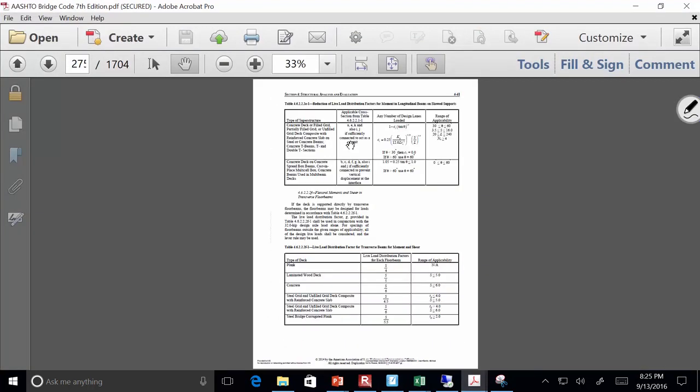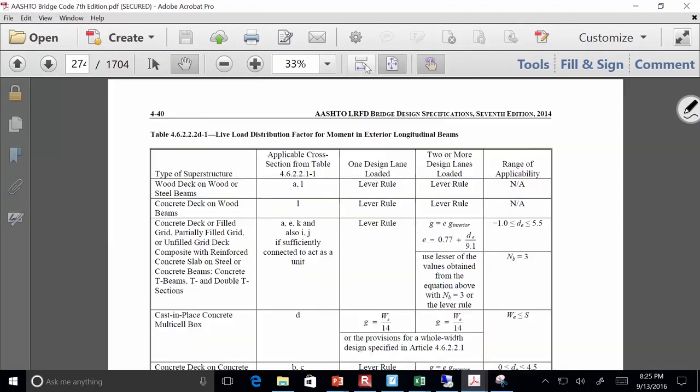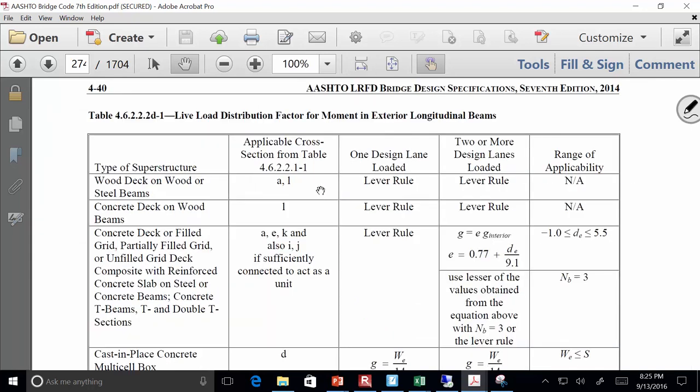Okay, so I'm going back to the spec, and here I'm on page 4-40, distribution factor for moment in exterior beams. One lane loaded, that's the lever rule. Two or more, we take our interior factor and modify it by E. What's E? It's this. So I propose this is what we're going to do.